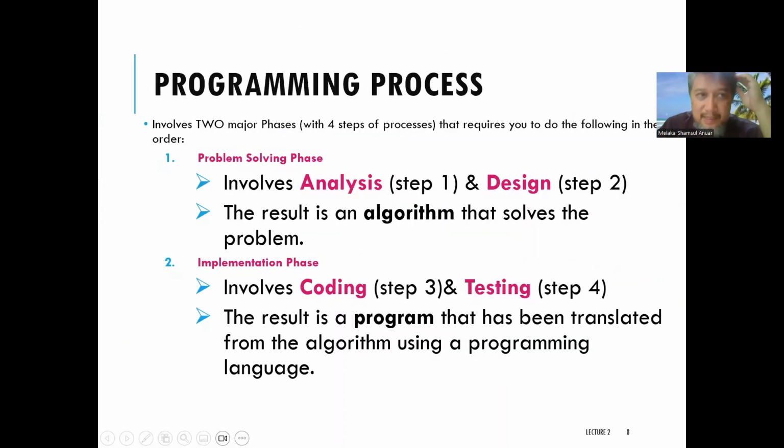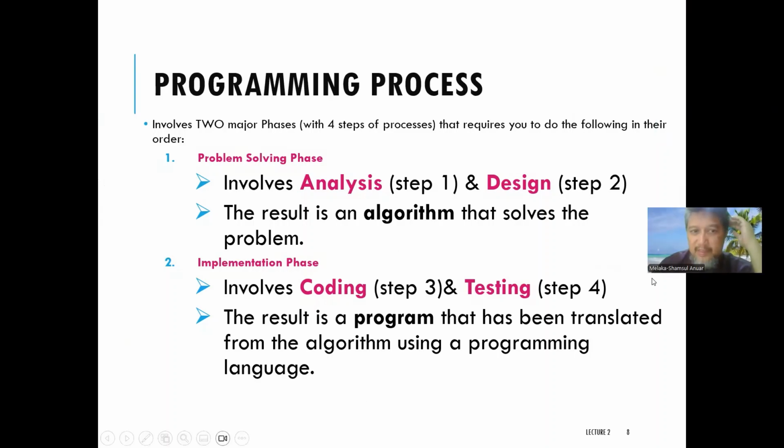All right, and then the programming process: two major phases with 4 steps. It requires you to do the following. Okay, let me bring this a little bit down. And then problem solving phase and implementation phase, just like from that figure before this.